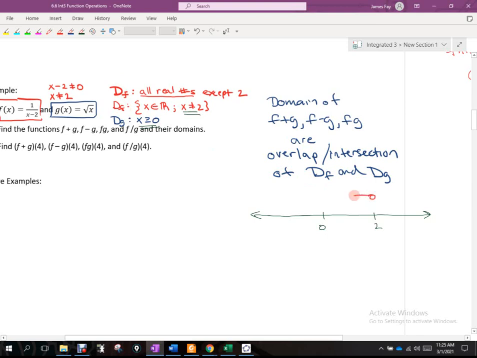So I'm just going to graph in red everything that's allowed to be an answer, or maybe not an answer, but everything that I'm allowed to plug into that function 1 over x minus 2. The open dot says that's the value that you're not allowed to plug in. Does that kind of make sense to everybody? So just graphically showing that statement, x is an element of real numbers, but x cannot be 2. This is the visual of that, okay?